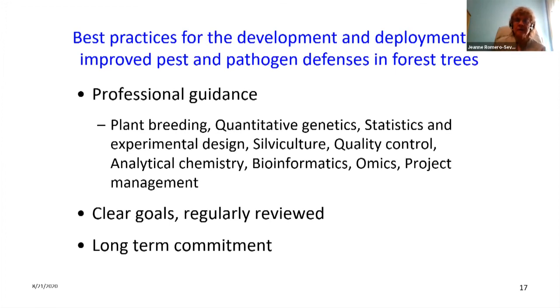And then as we got into DNA and nucleic acids, our approaches got much more specialized, and we tended to not pay attention to quantitative genetics and quality control and analytical biochemists so much, because people were very focused on the idea that the DNA sequence will tell us everything.